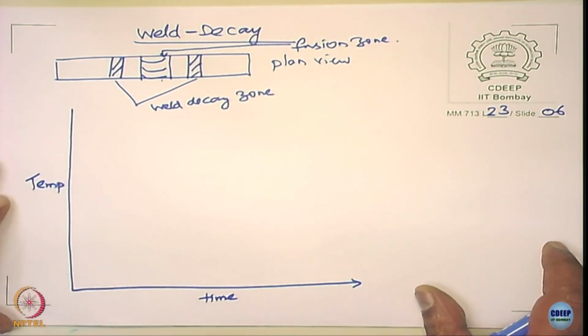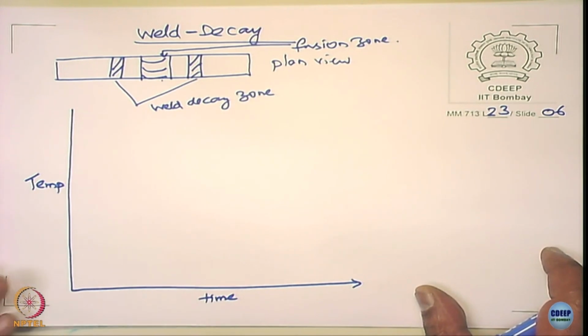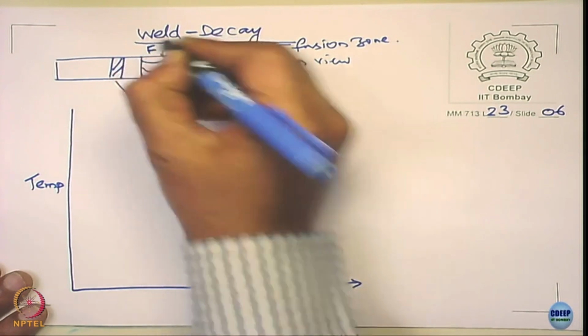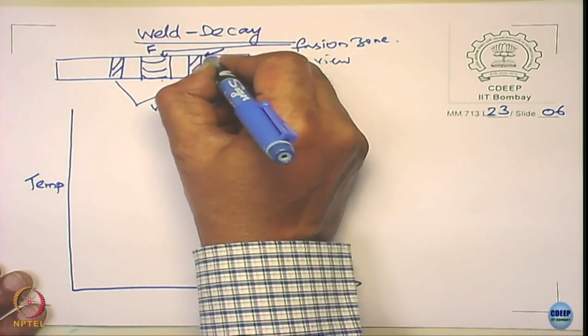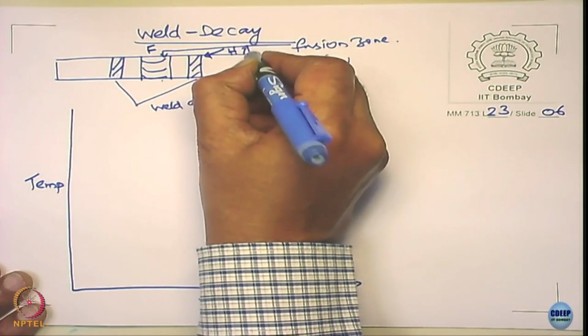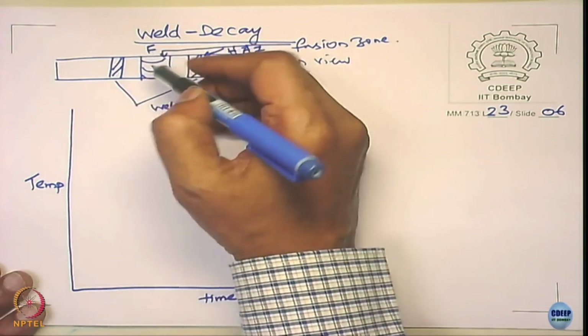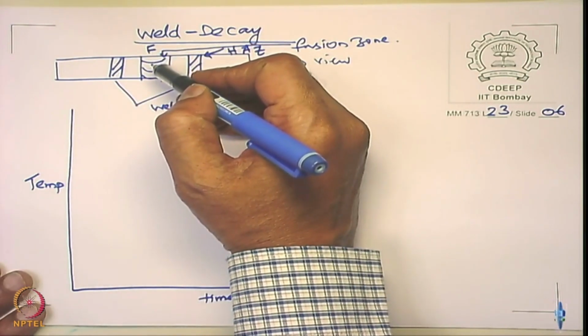I am going to give you a schematic of the temperature variation with respect to time, say at location A, say fusion zone, and this is the heat affected zone. Let us take the fusion zone. The maximum temperature will be at the fusion zone, right?